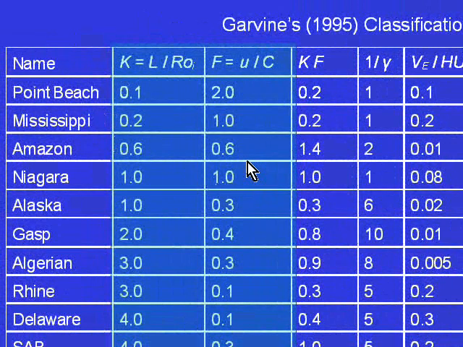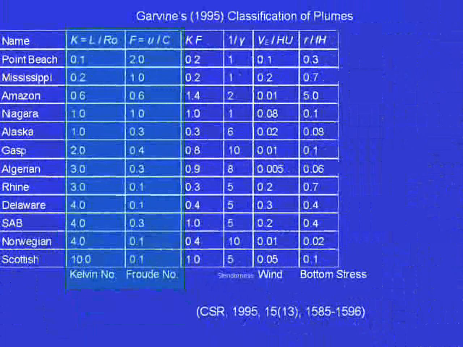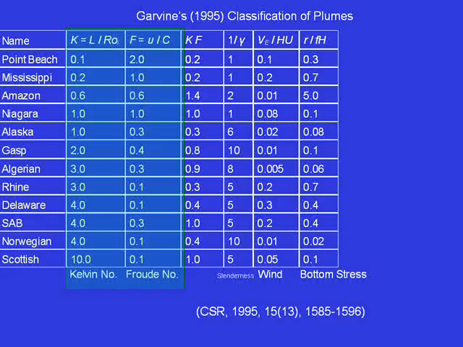Whereas in the upper examples, you have relatively large Froude numbers and low Kelvin numbers, meaning that advection will be important in those plumes. So in essence, for low Kelvin number and high Froude number, Garvin called these inertial plumes, and those are the small scale radial plumes.